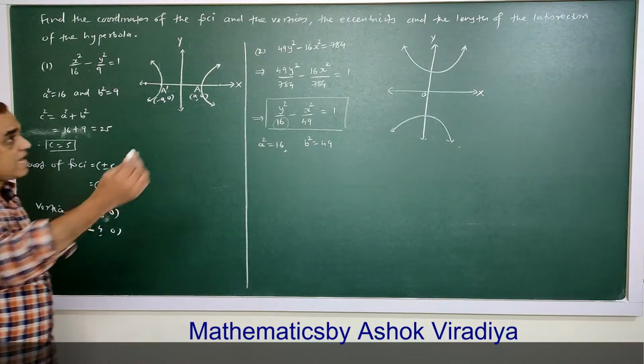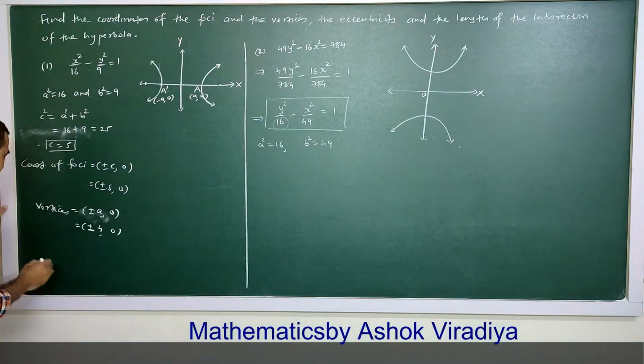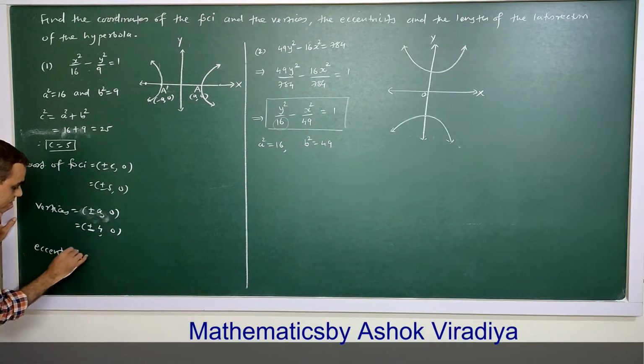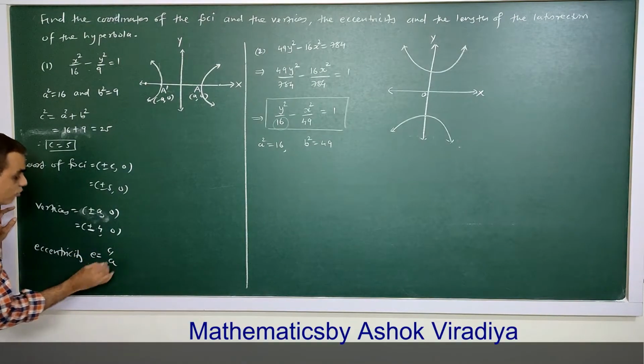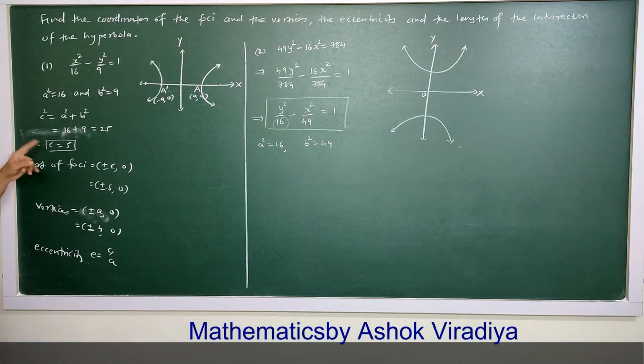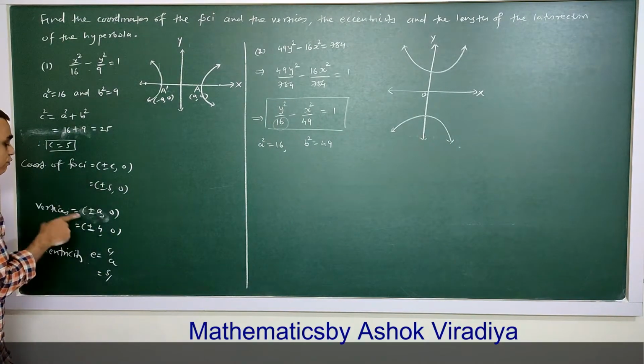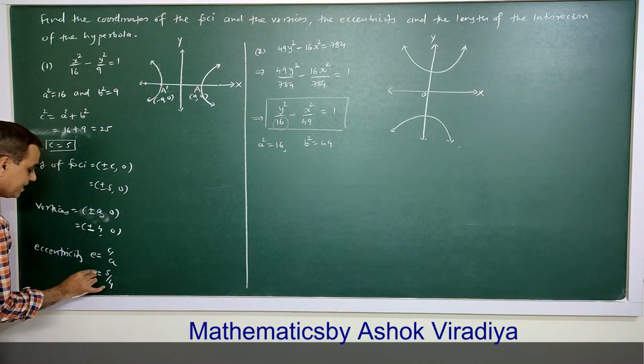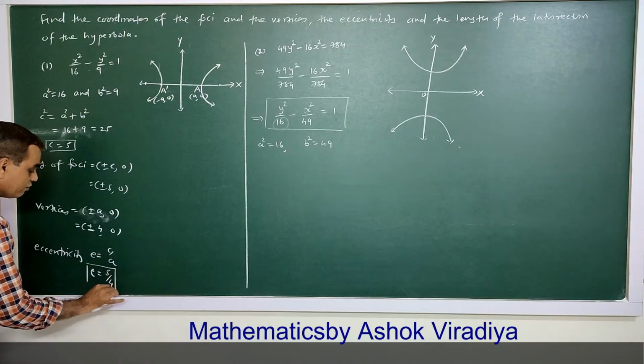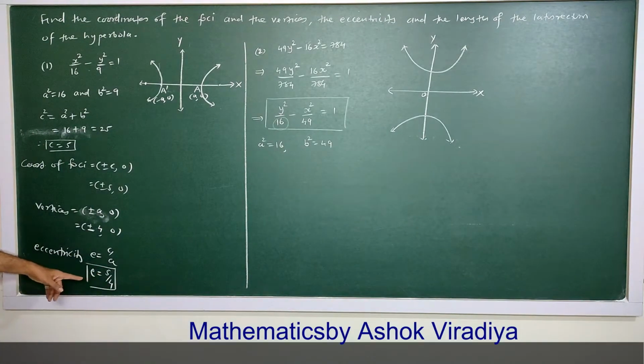And eccentricity E is C upon A. C is 5, A is 4. So eccentricity is 5 by 4. This will always be greater than 1.